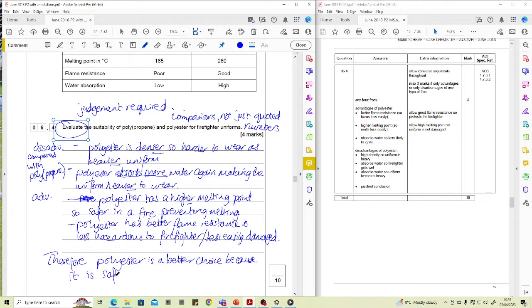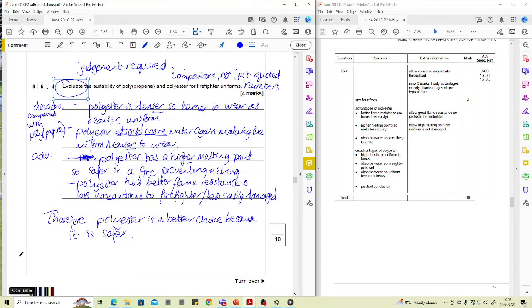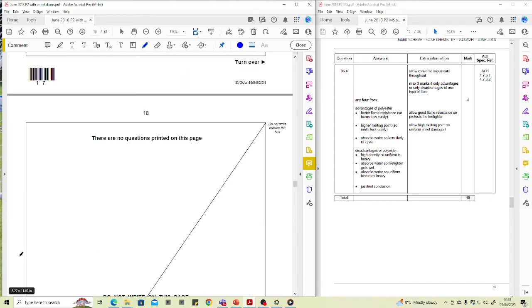So I'm going to say that it's safer, so I'm going to use polyester. However, you could justify it the other way around, and you could say that for ease of use, ease of wearing, you could say. But as long as you've justified it, that's fine.